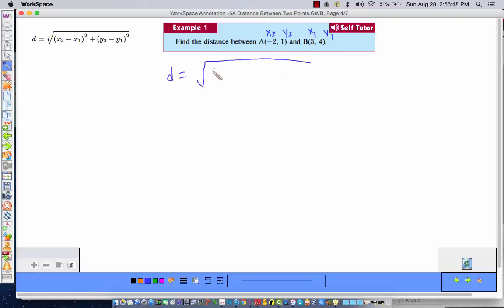So x2 minus x1 right here would be negative 2 minus 3, the quantity squared, plus 1 minus 4, the quantity squared. So this is the square root of negative 2 minus 3, which is negative 5, the quantity squared, plus 1 minus 4, which is negative 3, the quantity squared. Let's clean that up.